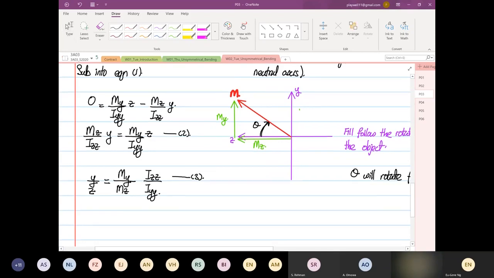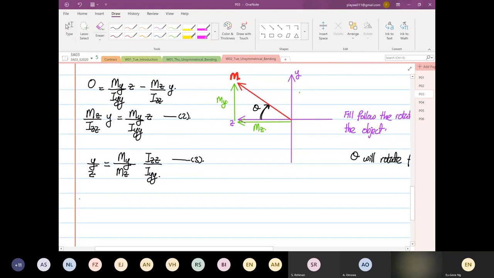So we're going to let tangent theta is equal to My over Mz. And again, I'll elaborate, positive is going in a clockwise direction, so we know this relationship from the figure.